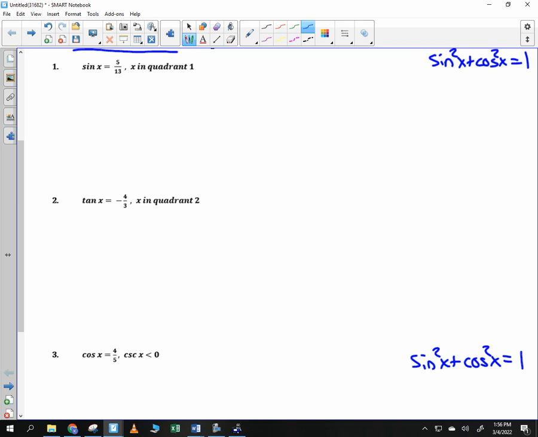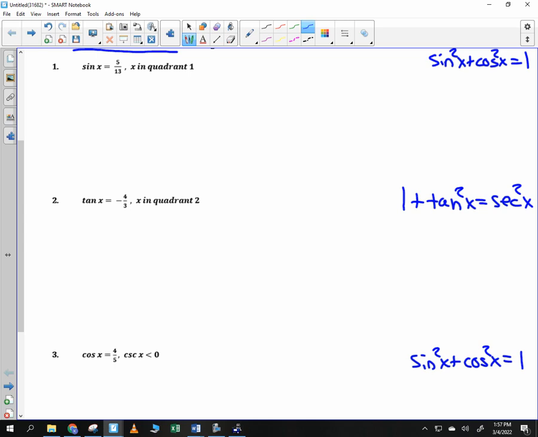No. What formula do you use if you're given tangent? 1 plus tangent squared is secant squared. Once you find secant, you then know cosine, right? And once you know cosine, you can then use sine squared plus cosine squared is 1. So just keep that in mind.